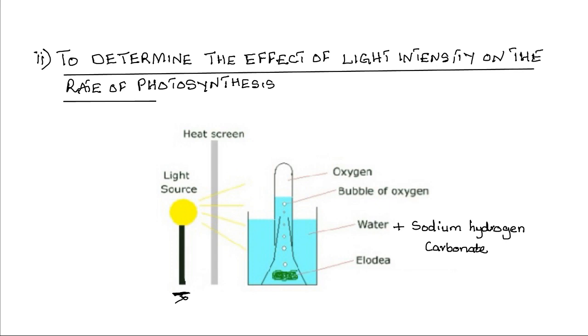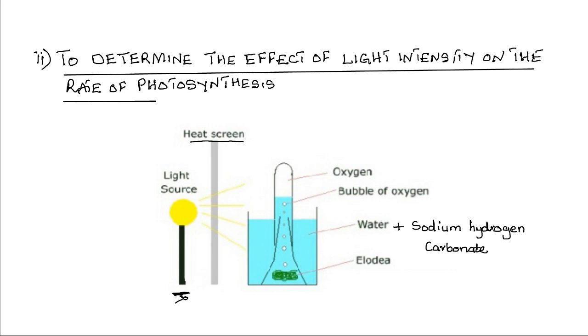So let's say you start, if the distance is 15 centimeters, we can count and record the number of oxygen bubbles produced per minute. Then we move the distance further to say 20 centimeters.